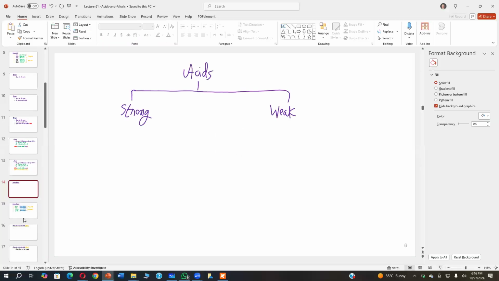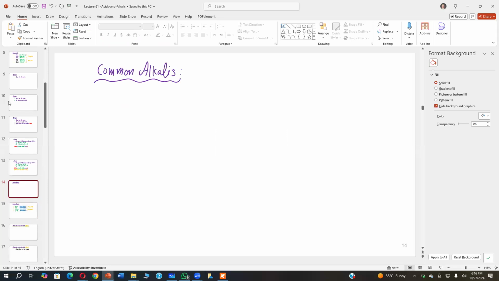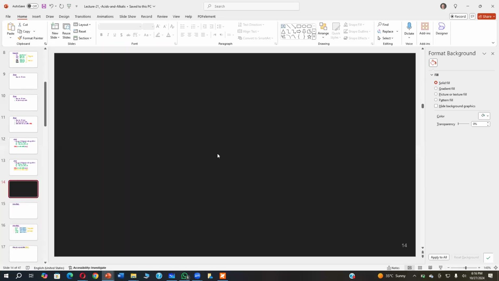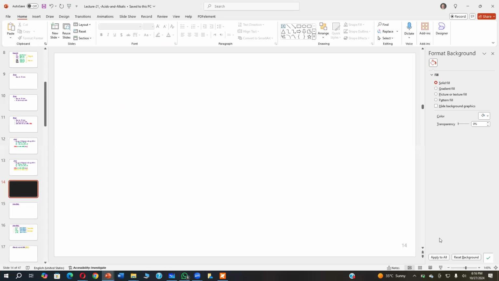All bases are not soluble in water. Now comes the list. The same rule applies here, that alkalis are also classified as weak and strong. This is a common classification which comes every time. Whenever you talk about an acid or a base, you will have a common thing.